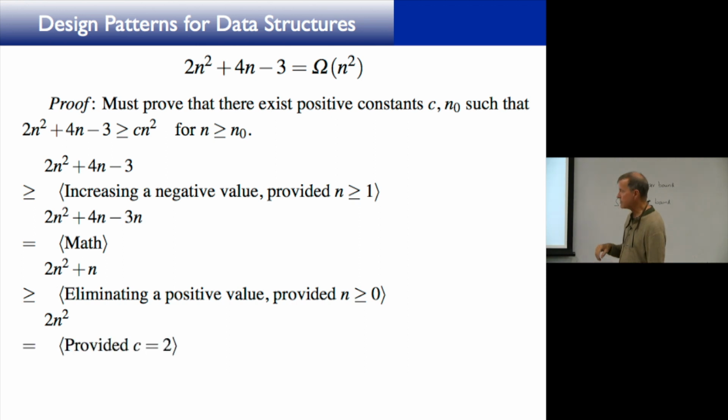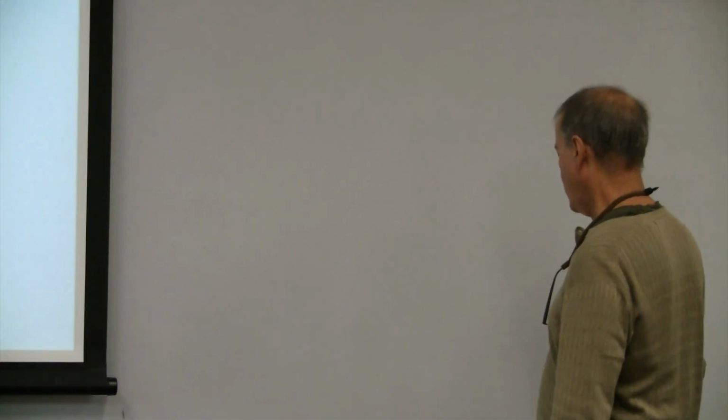And now comes an interesting little scenario. We know that c is going to be 2, but what about n? Because in one step it said provided n is greater than or equal to 1, and another step it said provided n is greater than or equal to 0. You have to do the stronger one.